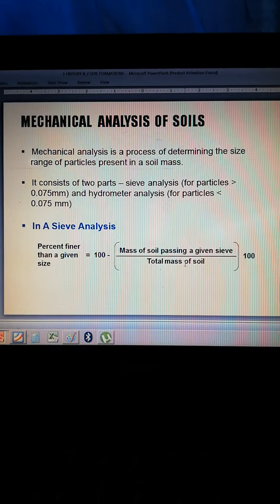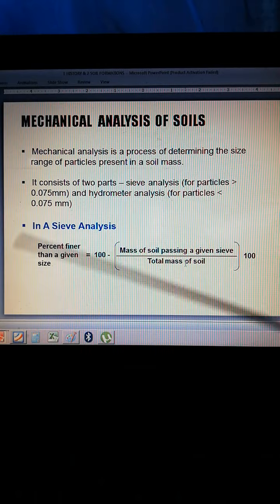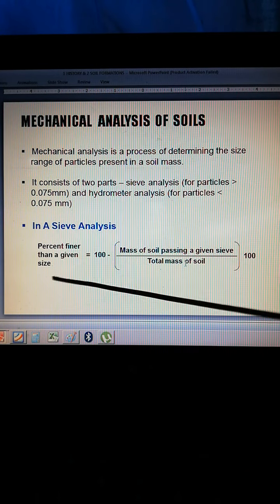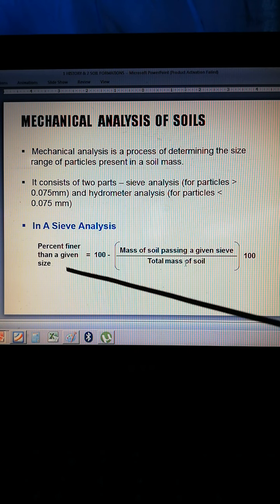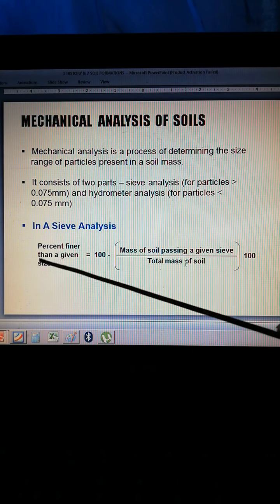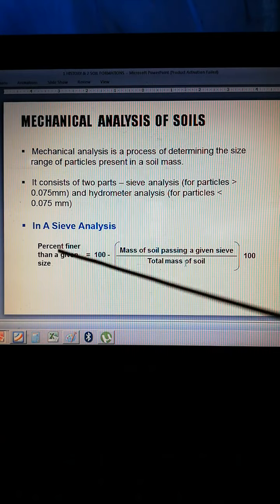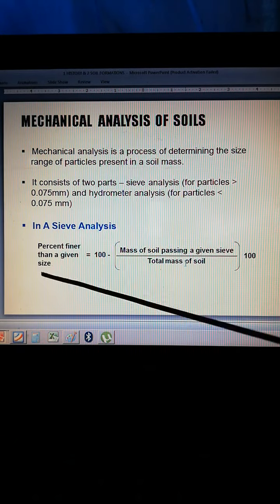in sieve analysis, you have percent finer than a given size equal to 100. This is the formula, no? Now, what is this? For example, you'll have number 4 sieve. So, you will place here percent finer, meaning you are solving for the percent finer than a given size. So, what does that mean?